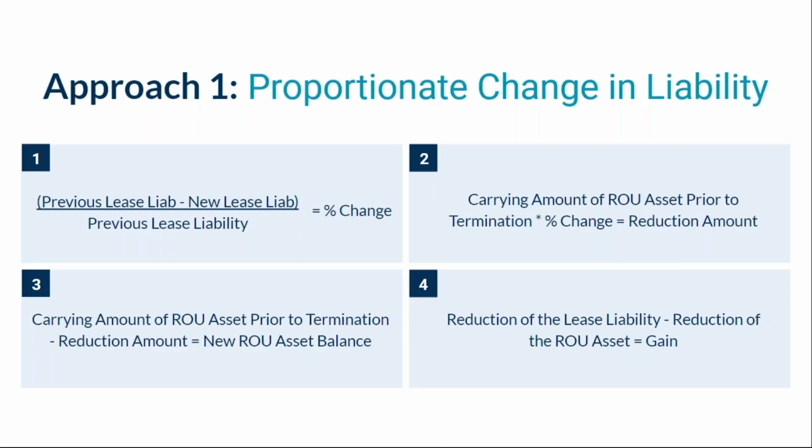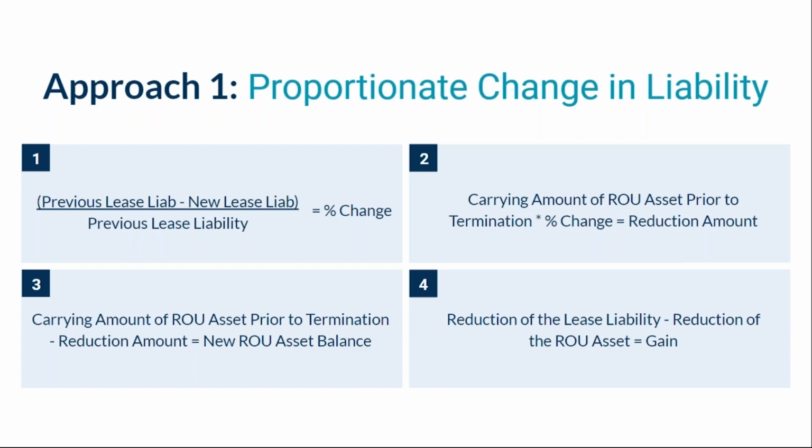The first option calculates the remaining right of use asset using the proportionate change in the lease liability. So after you have determined the new lease liability as the present value of the remaining lease payments, calculate the reduction in the lease liability as a percentage change by comparing it to the lease liability balance directly before the remeasurement.